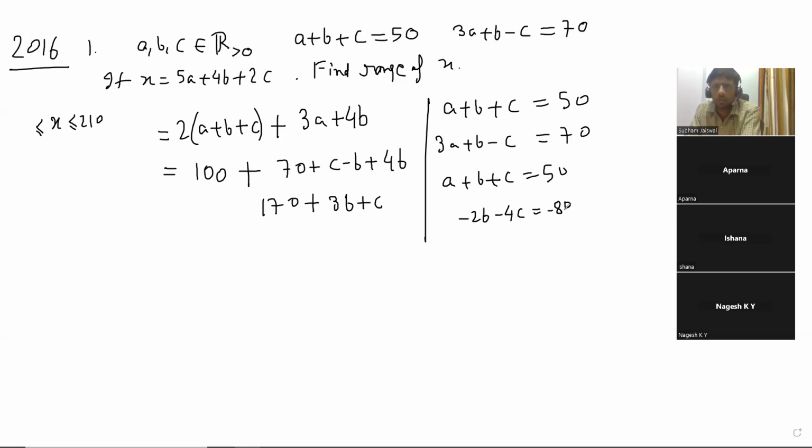Then I'll multiply this by half, add it here. So I'll again copy the first equation. No, the first equation is going to change now. This, no, yes, it is fine. Minus c plus 10.